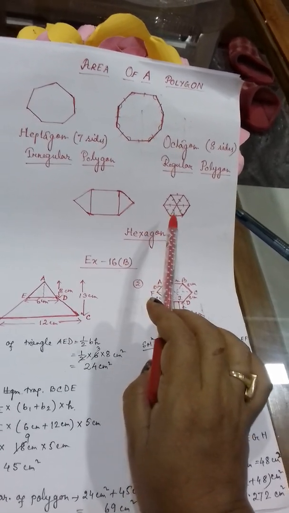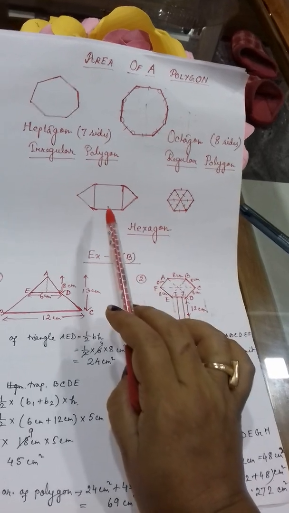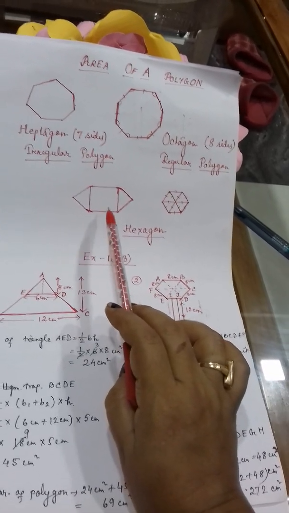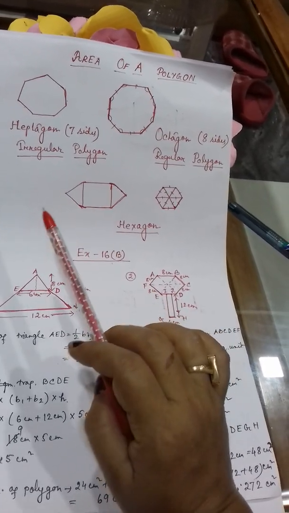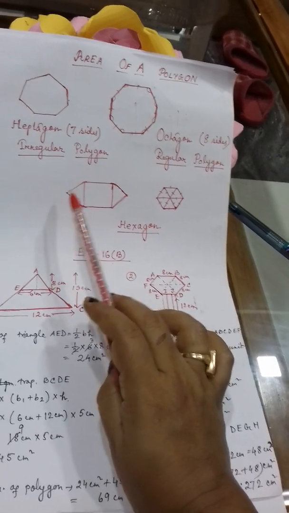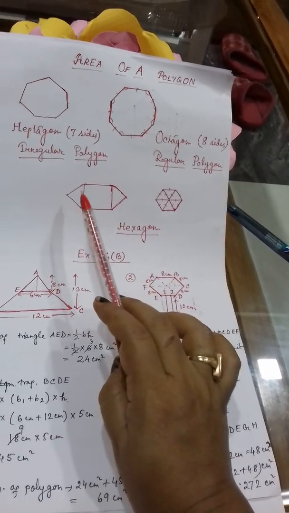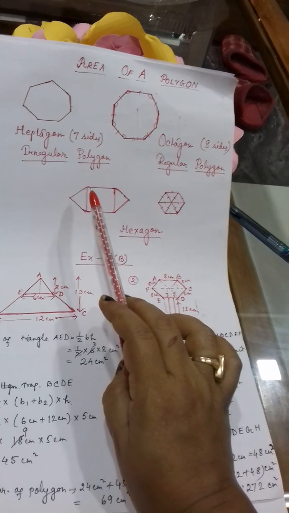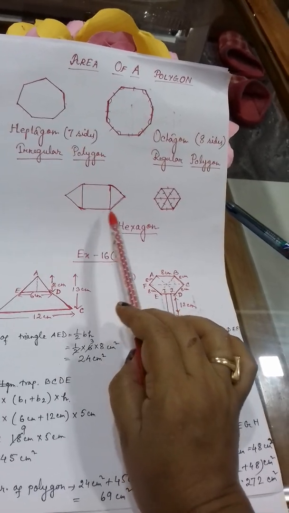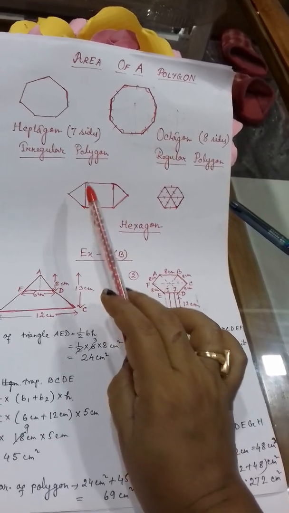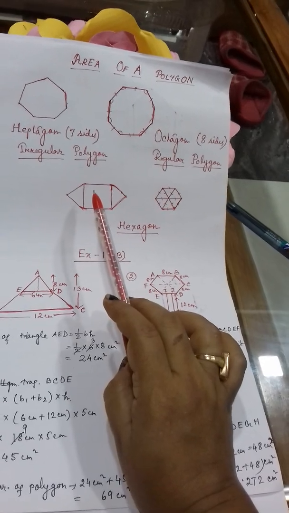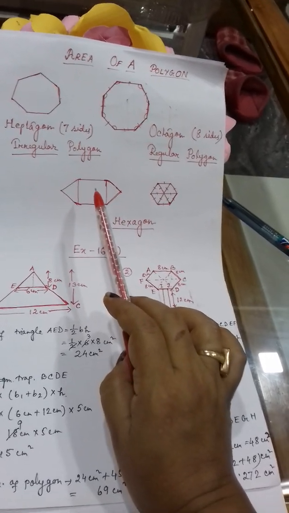Now observe the figures carefully. These hexagon you cannot make into equal triangles because though the sides are same, but it has been drawn in that way that you cannot make the equal triangles, clear?